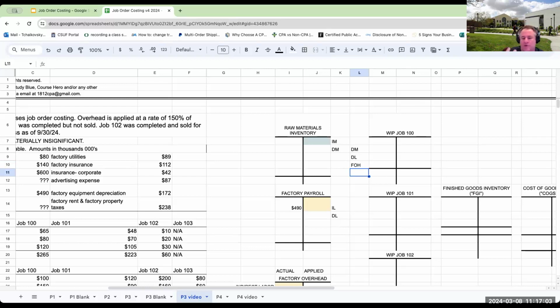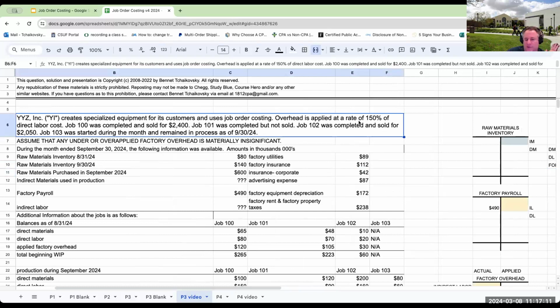So what I need to do is estimate my factory overhead. And here we're doing this at a rate of 150% of direct labor cost.